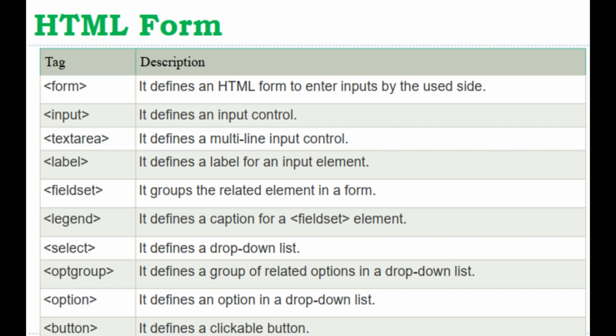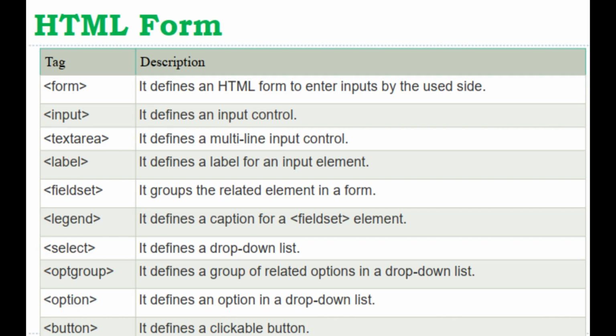HTML form tag description. Form: it defines an HTML form to enter inputs by the user side. Input: it defines an input control. Textarea: it defines multi-line input control. Label: it defines a label for an input element. Fieldset: it groups the related elements in a form.